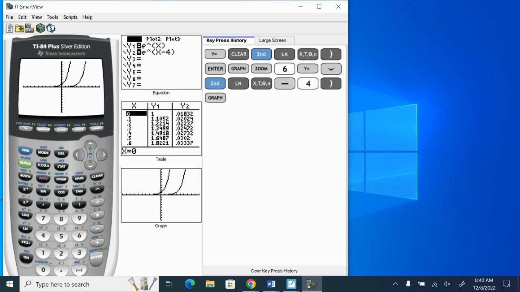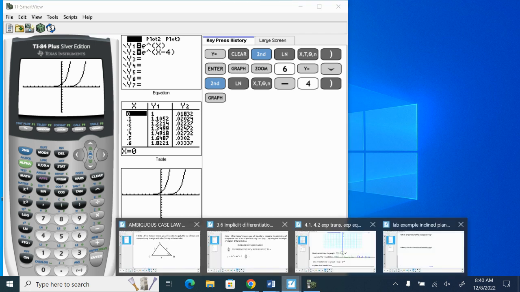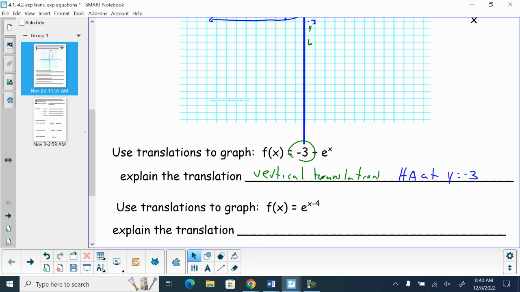What we would get is what type of translation? A horizontal translation, and that would be 4 units to the right.